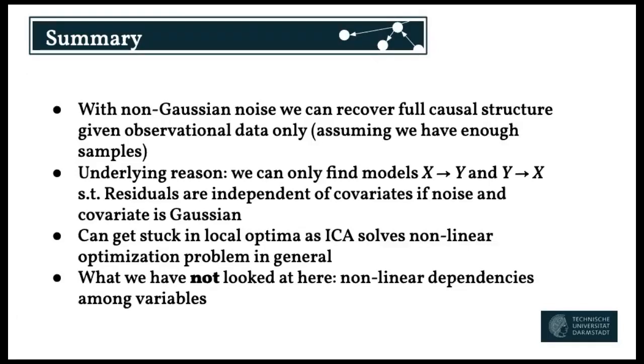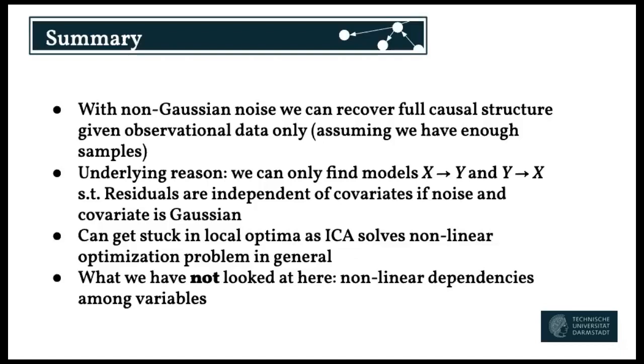Sure. And there are also methods that assume access to interventional distributions. You can show that as soon as you have access to such distributions, you can recover more of the causal structure. However, imagine in the real world, if you're a social scientist, you oftentimes simply cannot intervene.